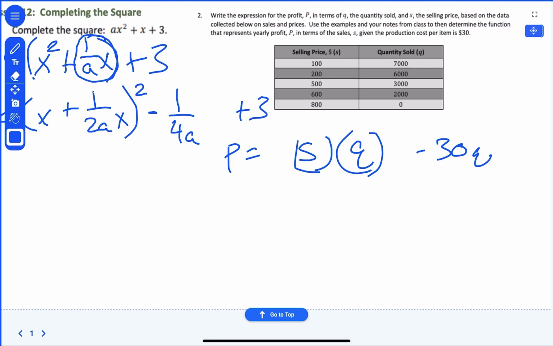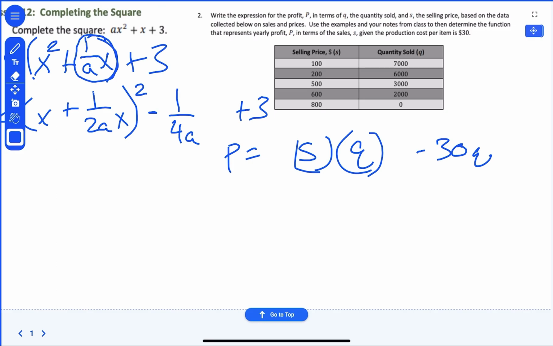Now, if we were to graph this, what would that look like? If we were to graph it, how could we do that? You're telling me like this? So that's going to have a negative slope, right? We're going to have a negative slope.